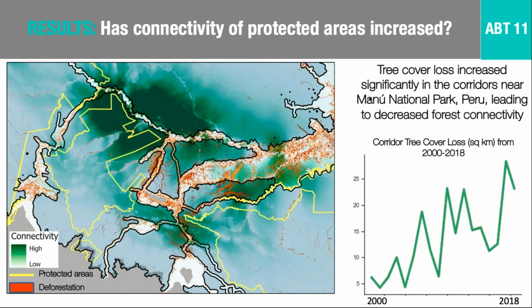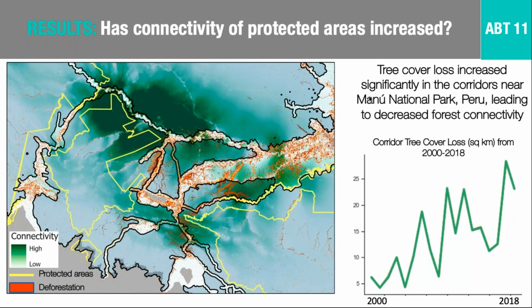And so in this case, we're showing corridors that support connectivity for Manu National Park and the surrounding protected area complex in Peru. And so in the map on the left, we show light blue polygons outlined in black are intact forest landscapes. The corridor density surface is shown in green, and so darker areas are more important for maintaining connectivity, and lighter green is less important.